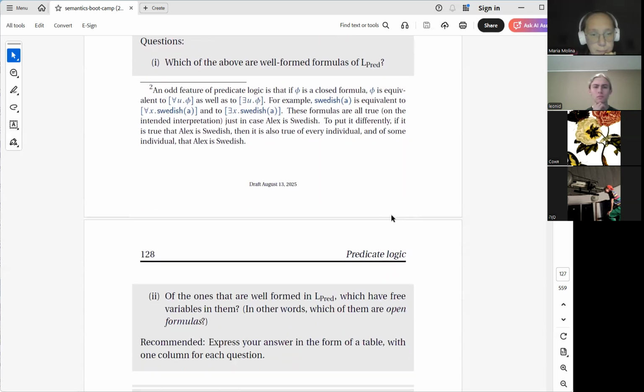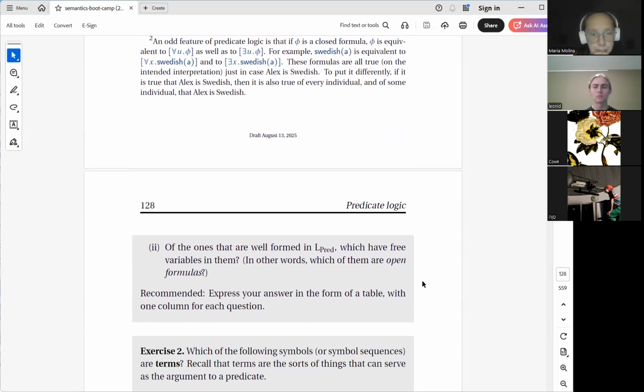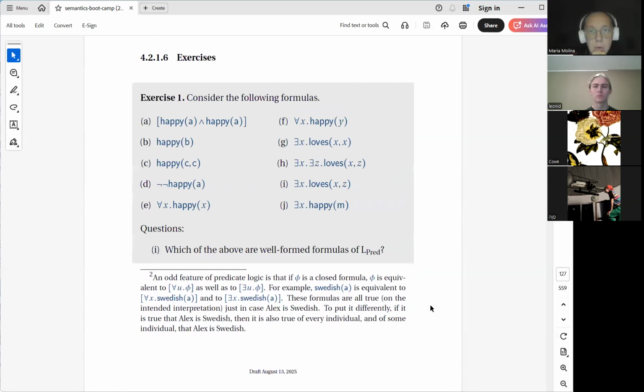I would say so. Yeah, and we've already discussed the formulas that have free variables, right? We've got F with a free variable y, I with a free variable z, and J with the free variable m. In H, both x and z are bounded by quantifiers.